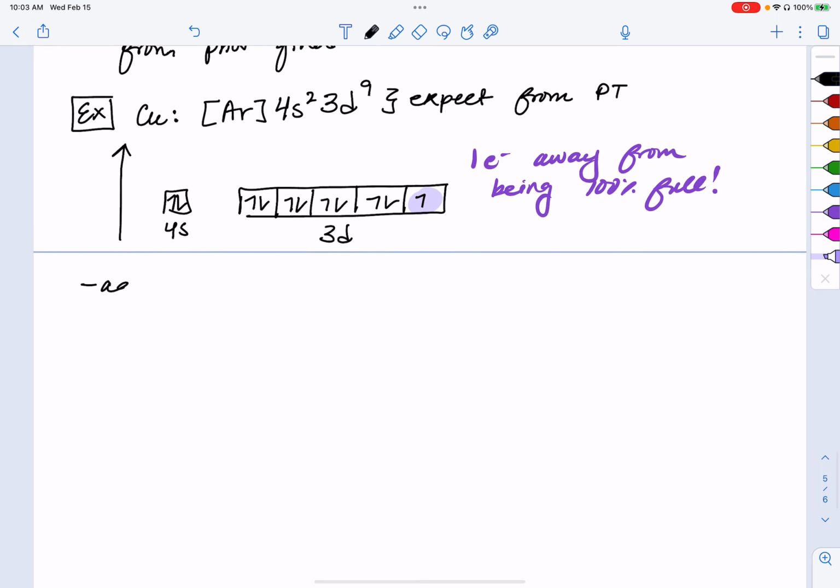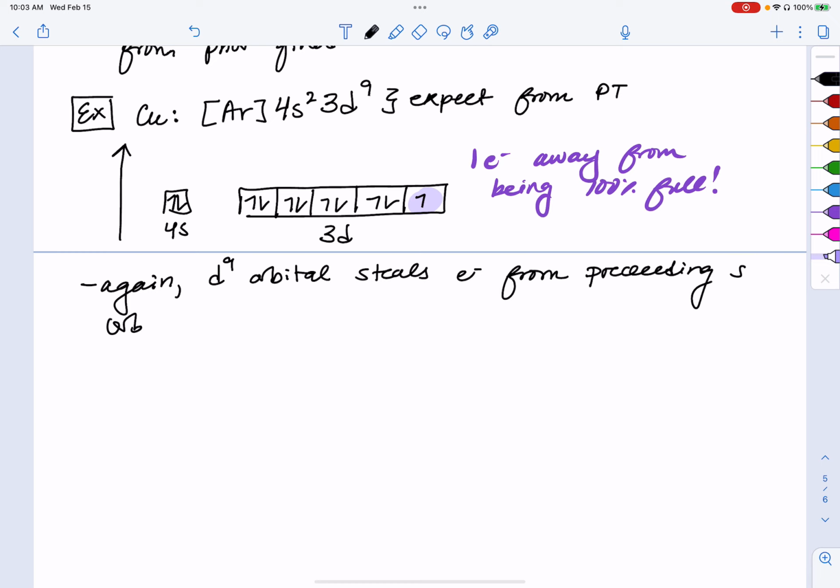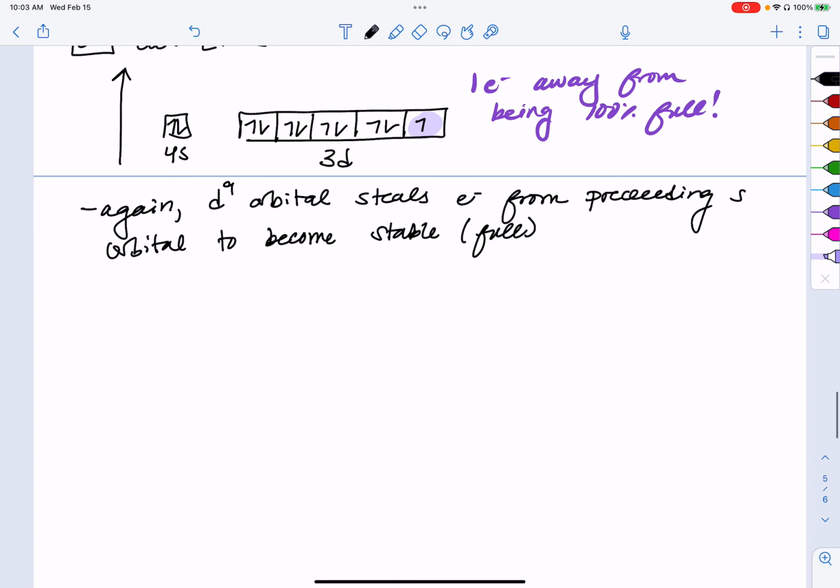Again, the d orbital, d9, steals an electron from the preceding s orbital to become stable by being totally and perfectly full.